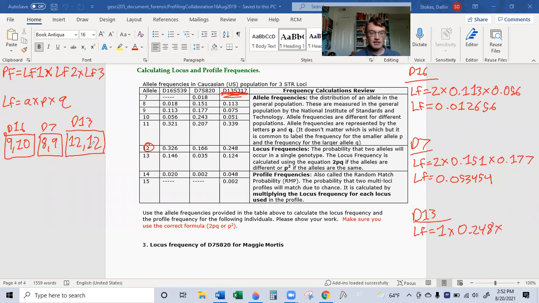And then the odds of having the second number, which is also a 12 at D13. So that's going to be the same number, 0.248.